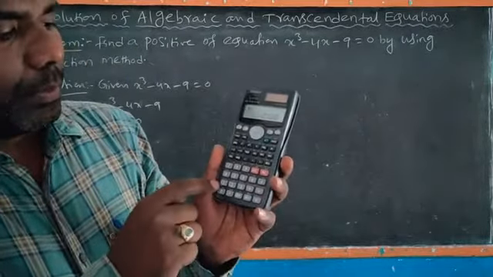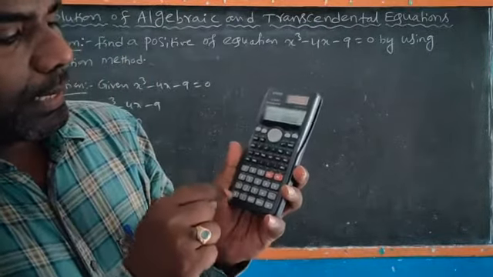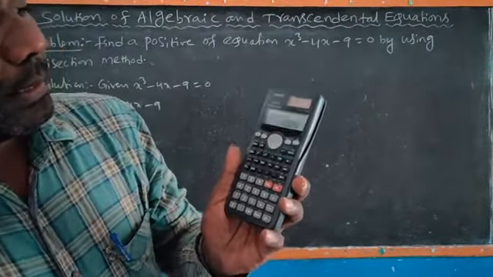So f of 1 is minus 12, less than 0. Next, x equal to 2, then f of 2 is minus 9, less than 0. These are all the same signs. This process is continued until we get opposite signs.